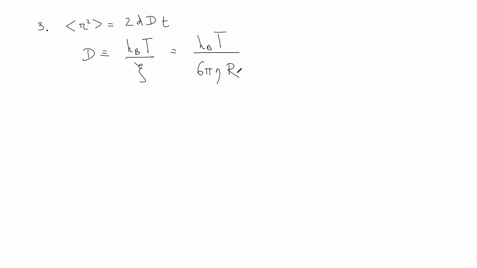All right. So this is what we call the Stokes-Einstein relation, connecting the diffusion coefficient, temperature, and dissipation. This is for a spherical object of radius r.